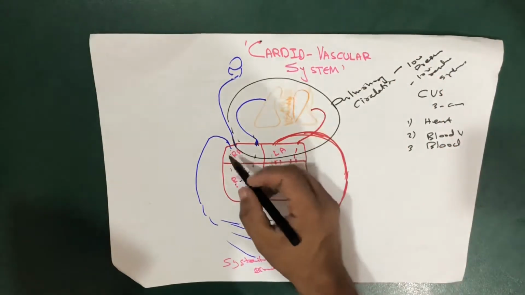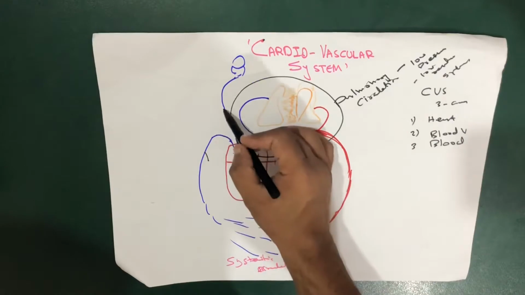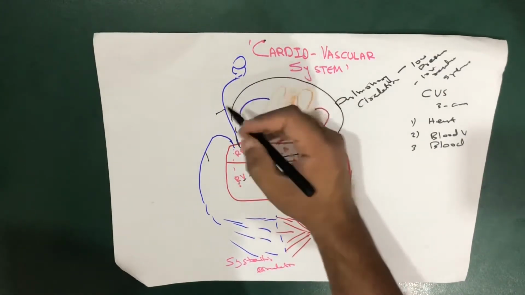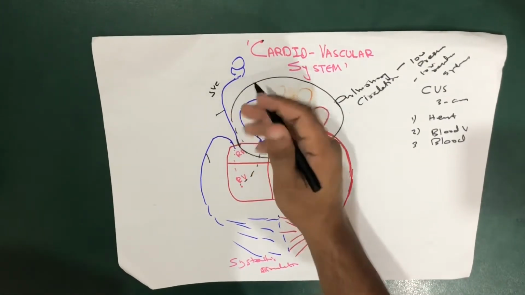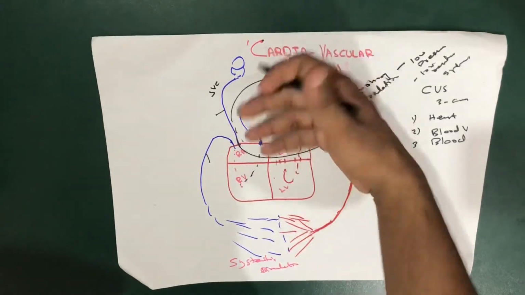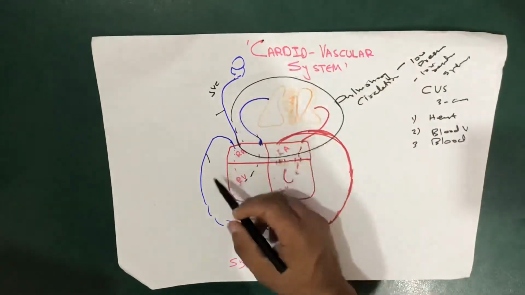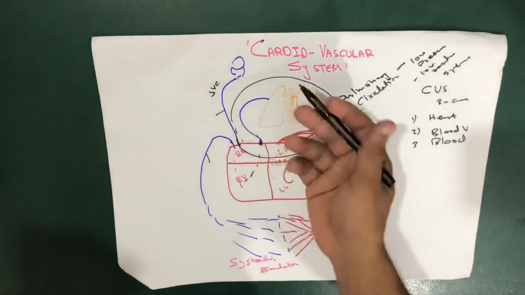We have two vena cava: the inferior vena cava and the superior vena cava. The superior vena cava brings deoxygenated blood from the upper body, from the head and neck, and the inferior vena cava from the lower body.